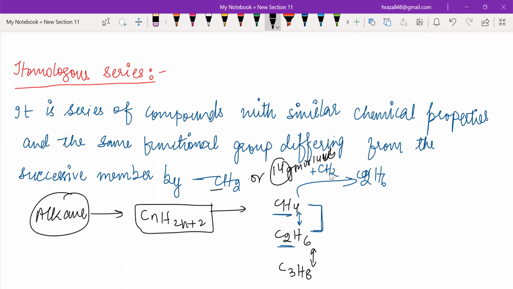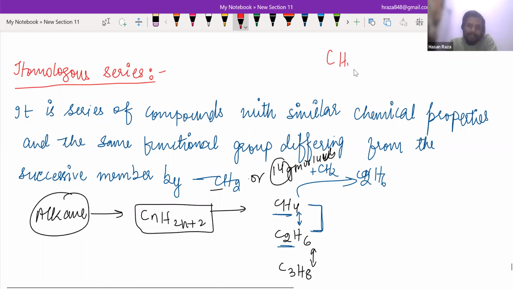Just a clarification, sir. CH4 plus CH2, won't it be C3H6? Okay, I'm going to write it here and then add CH4 plus CH2. What will it be? One carbon is here, one carbon is here. They together become C2, not C3. Oh, okay.